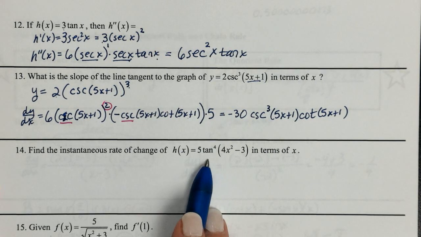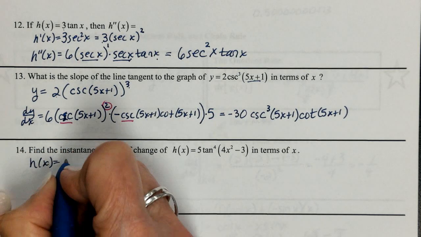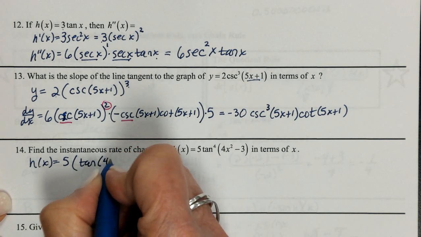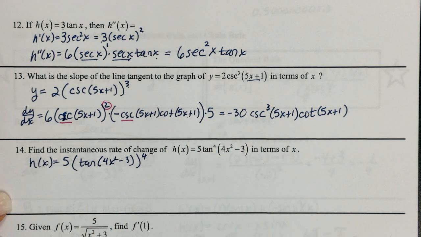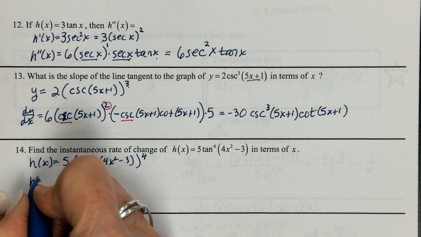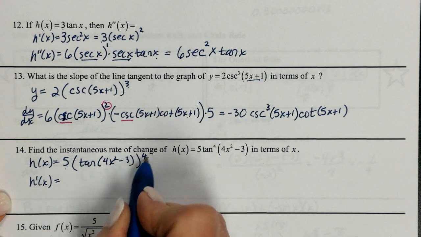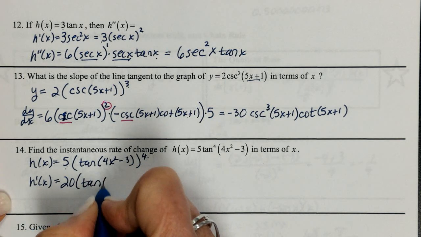Okay, let's do this one. I see a trig function to a power, so I rewrite it first. So 5 times tangent of 4x squared minus 3, all to the 4th power. Okay. Power rule, get a 20, keep your inside the same.